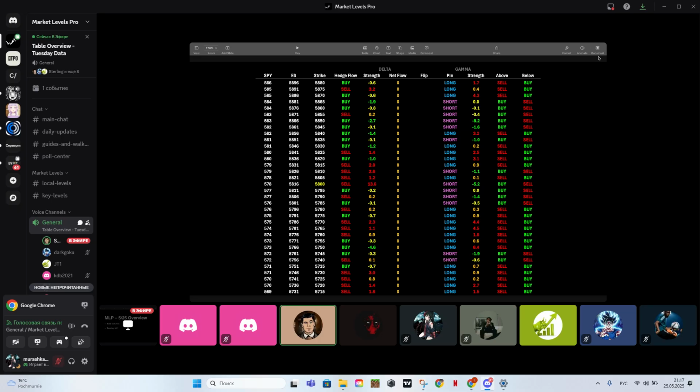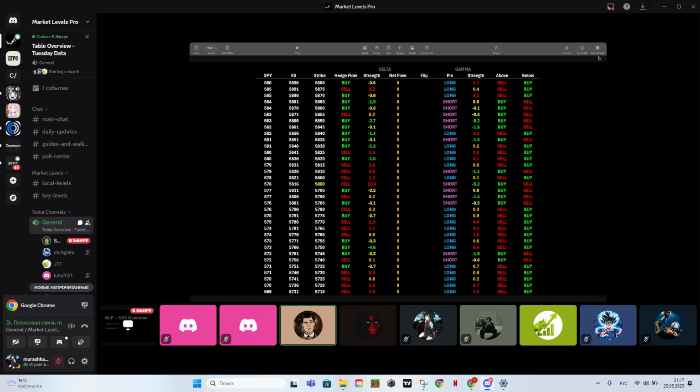So the trapdoor setup for me is where we're going to see short gamma underneath, some strong delta hedging, some strong sell signals and long delta, and then maybe even some long gamma there. So I don't really have any good examples of it right here.